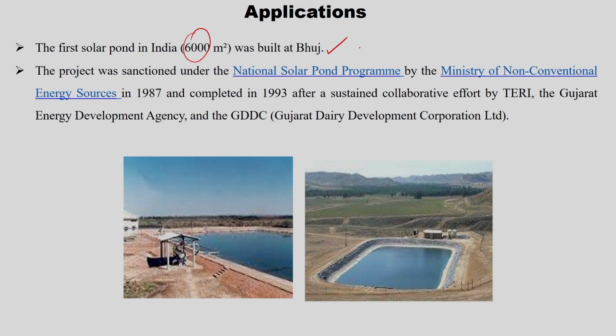The project was sanctioned under the National Solar Pond Program by the Ministry of Non-Conventional Energy Sources in 1987, and completed in 1993 in collaboration with TERI, the Energy and Resources Institute, and the Gujarat Energy Development Agency and Gujarat Dairy Development Corporation Limited. This is that solar pond, taken from a web source.